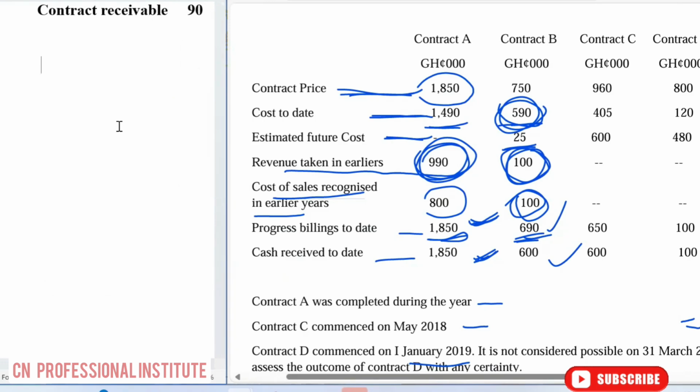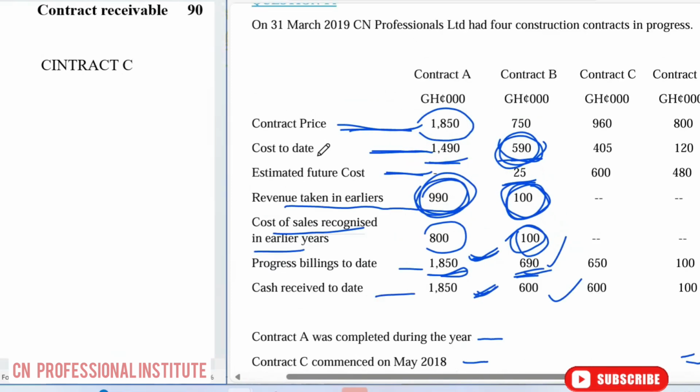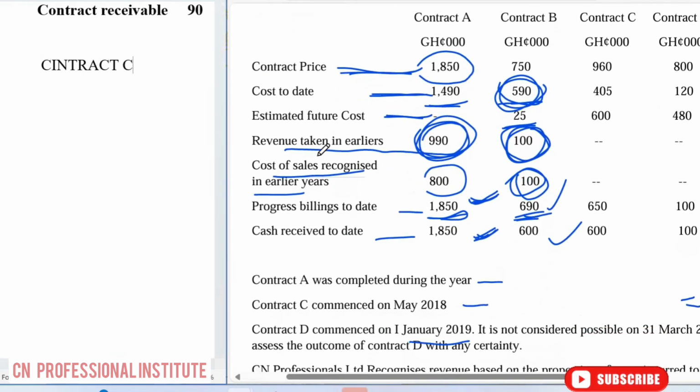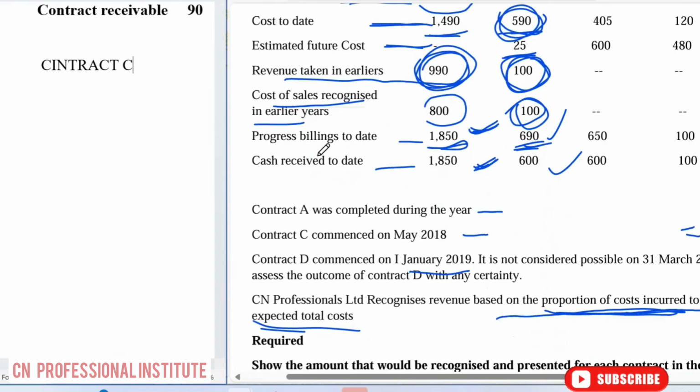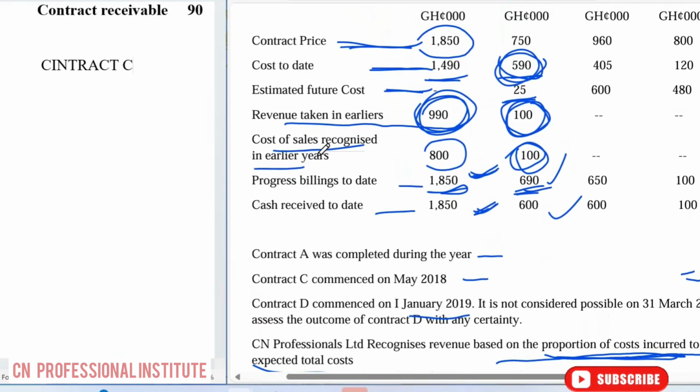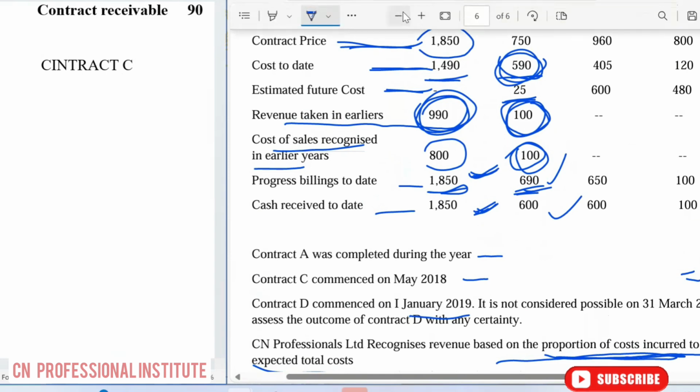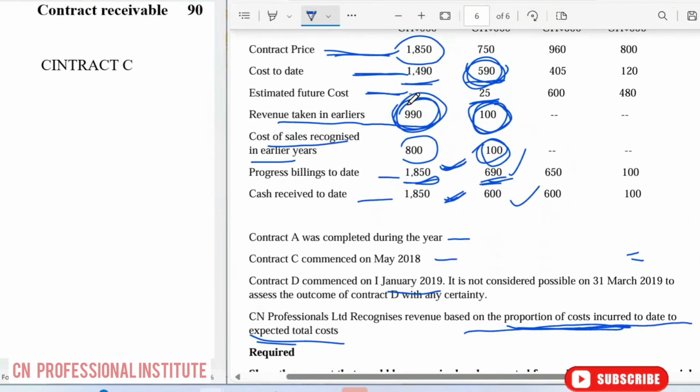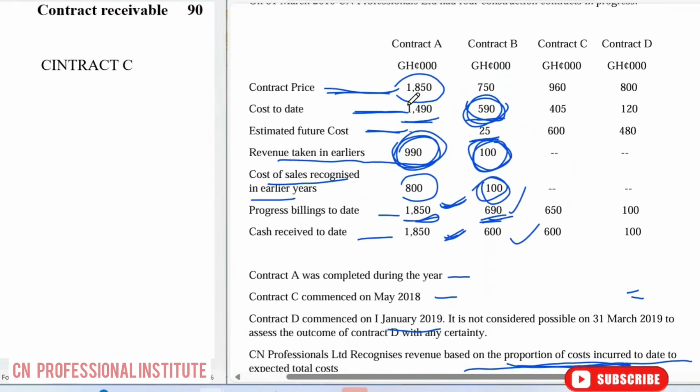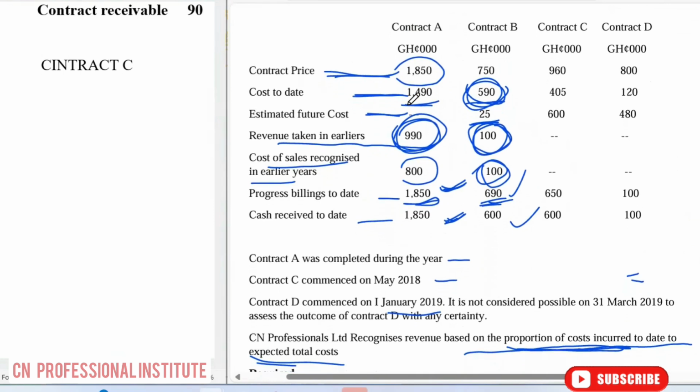Let's look at contract C. So with contract C, at level 2, we have to do everything that we have to do. So that one we test.